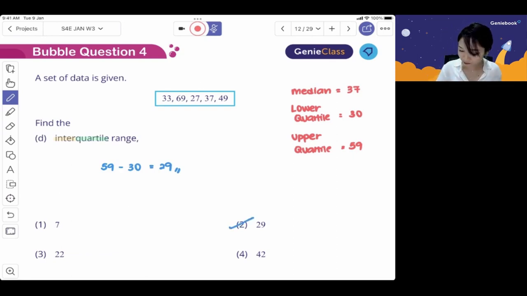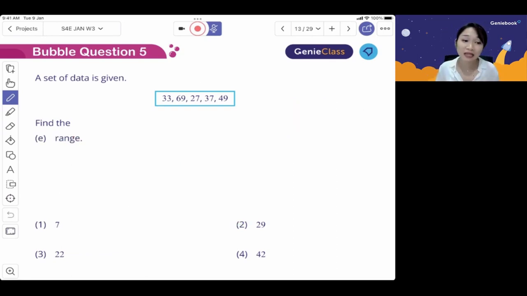Very well done. And finally, our range. Again, let me write out all the set of data we have found. Median 37, lower quartile. Again, please remember, don't write short form like me. If you're going to present your solutions in school, remember that, yeah? I hope you're hearing me.